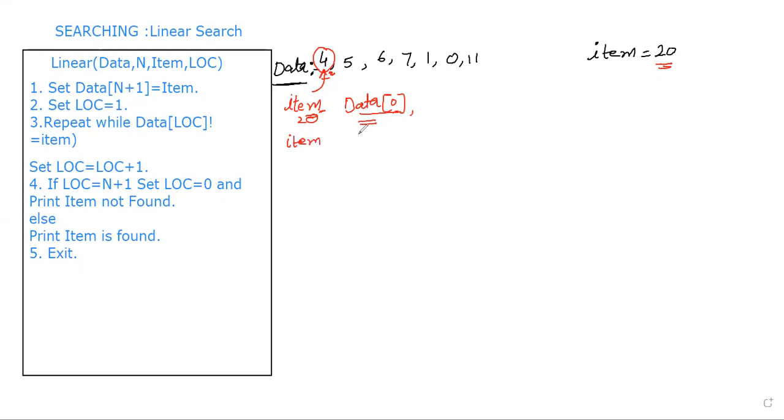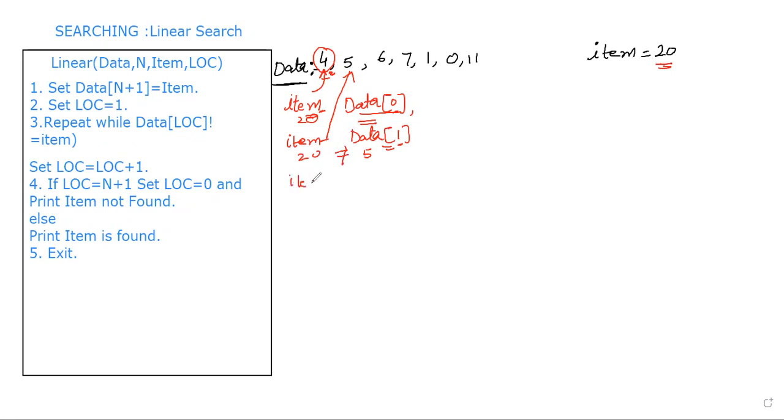The next element will be data 1, and I am moving to data element 1 because I have to increment the value of my pointer to the next variable. So now I will be comparing my item with the second item, which is 5. When I compare 20 with data item 1, which is 5, I get to know that these two values are not equal. So it means my search is not completed.